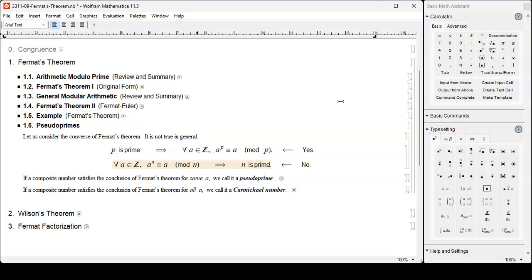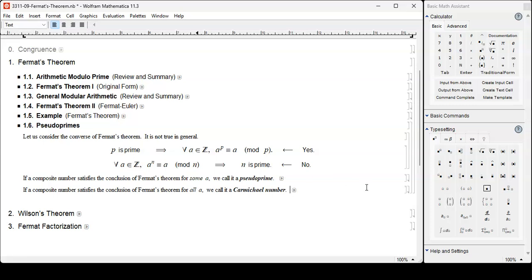No. A composite number that satisfies the conclusion of Fermat's theorem like this, or like that, is called a pseudoprime. And a composite number that satisfies the conclusion of Fermat's theorem for all a is called a Carmichael number.